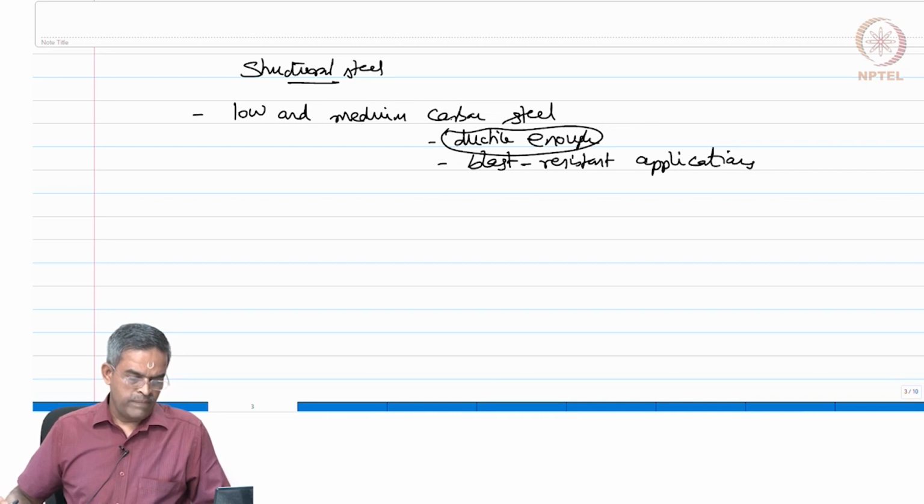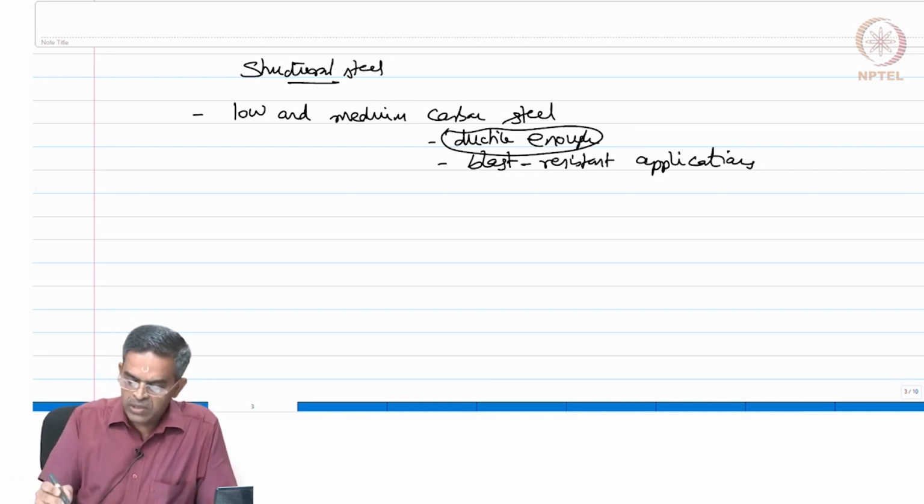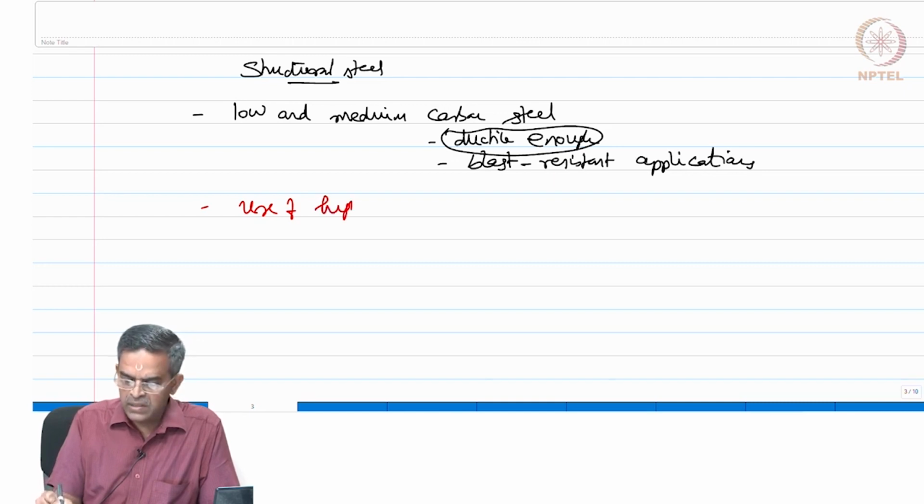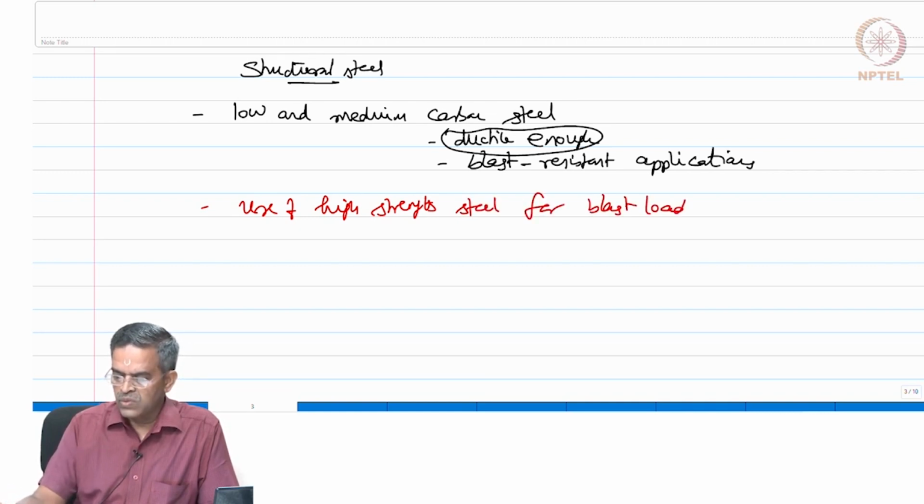Okay. So, we should also put a caution here: use of high strength steel for blast loads should be avoided.